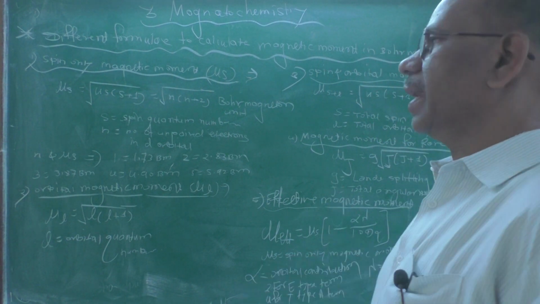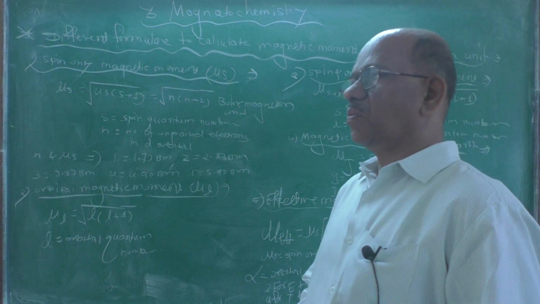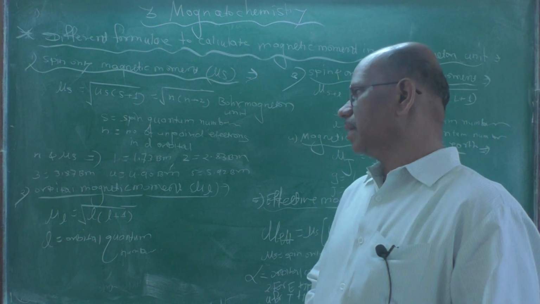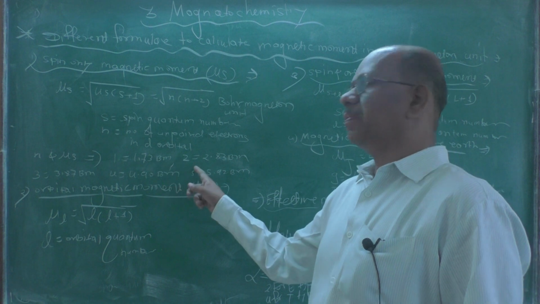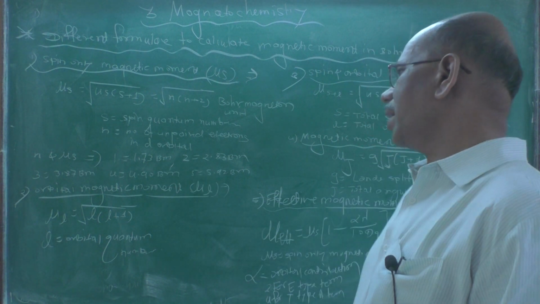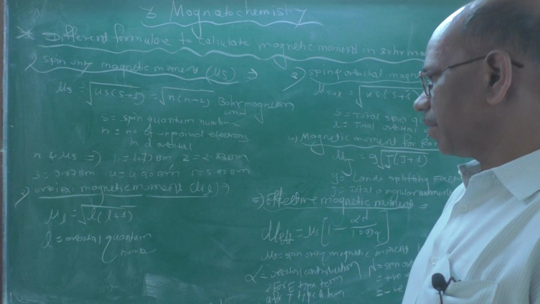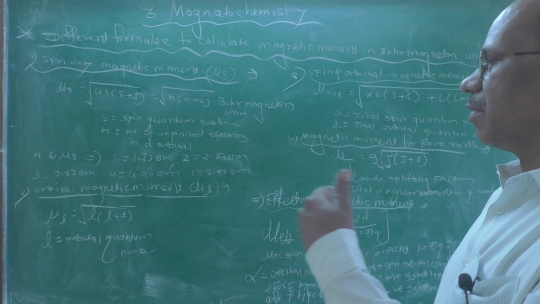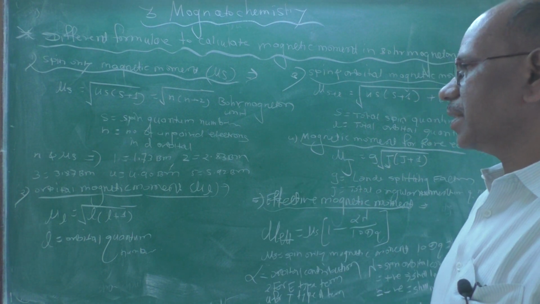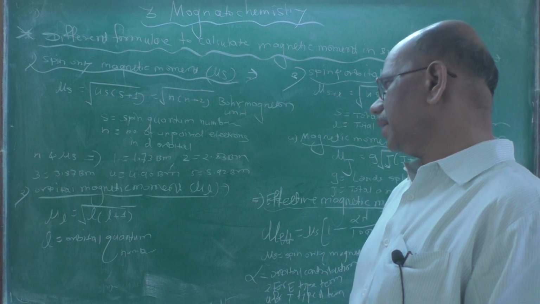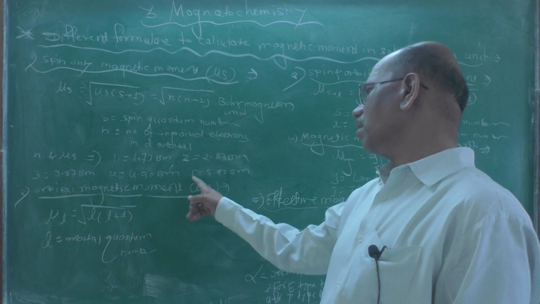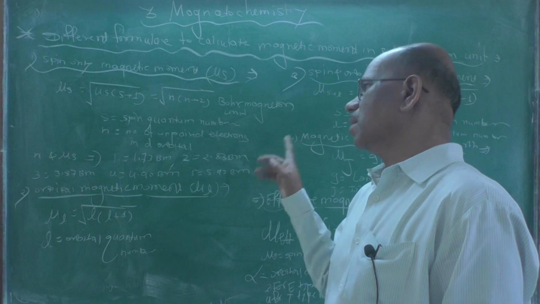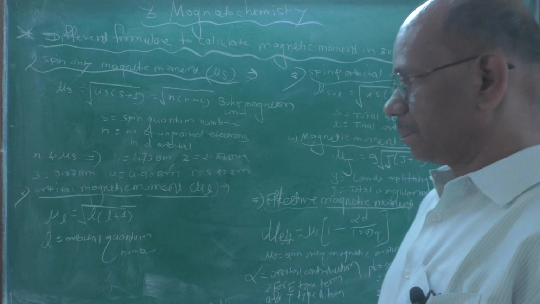If one unpaired electron is there, the μs is 1.73 Bohr magneton. If two unpaired electrons are there, 2.83 Bohr magneton. Three unpaired electrons are 3.87, four 4.90, five unpaired electrons 5.92 Bohr magneton unit.